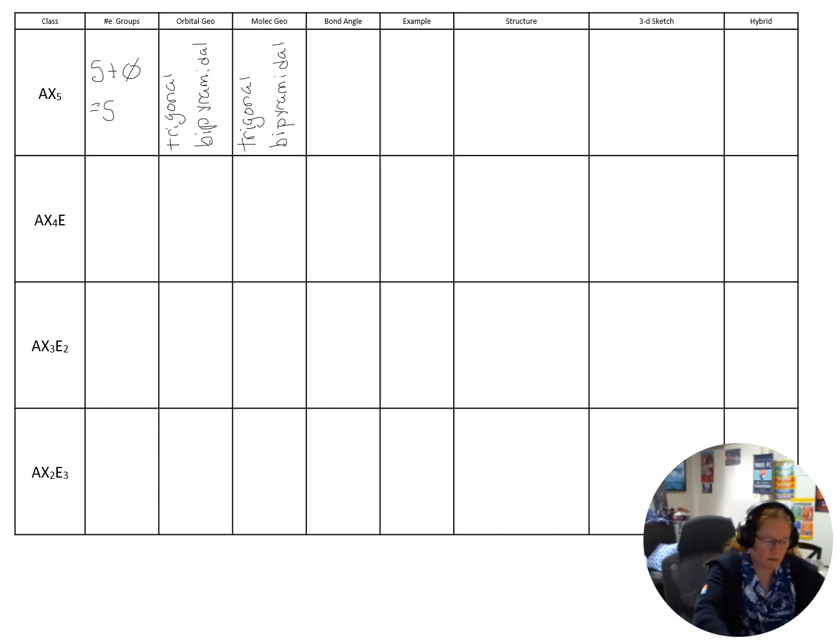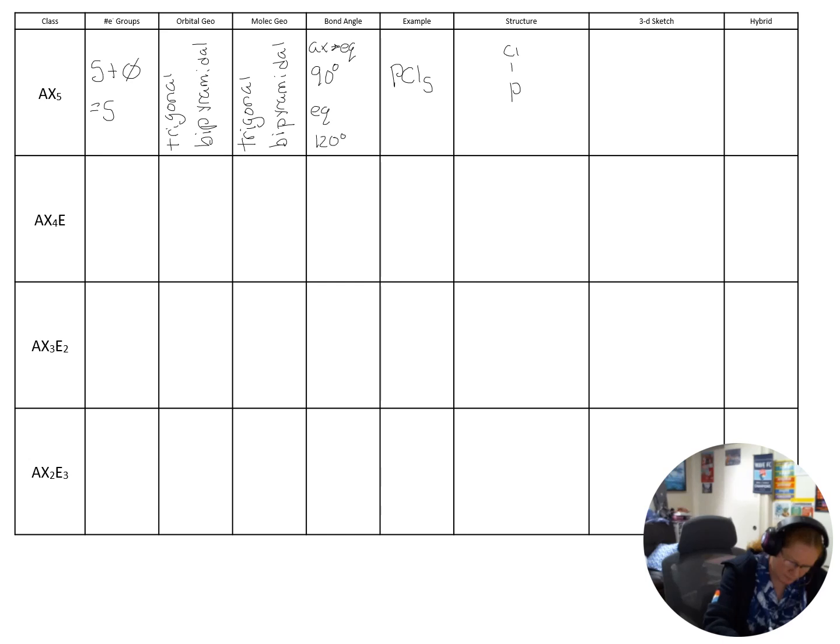All right, now this is the one where we have 2 different bond angles. All right, so our axial to equatorial, that was the 90 degrees, and then our equatorial, that was the 120 degrees. Okay, all right, we'll do our phosphorus pentachloride here.